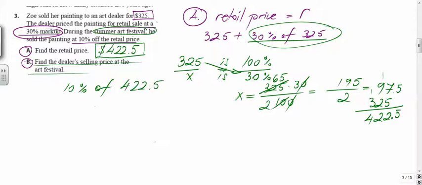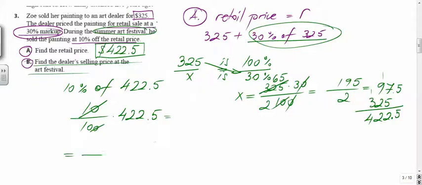How do we find that? Well, you write 10% as a fraction, 10 over 100, and you multiply that by 422.5.